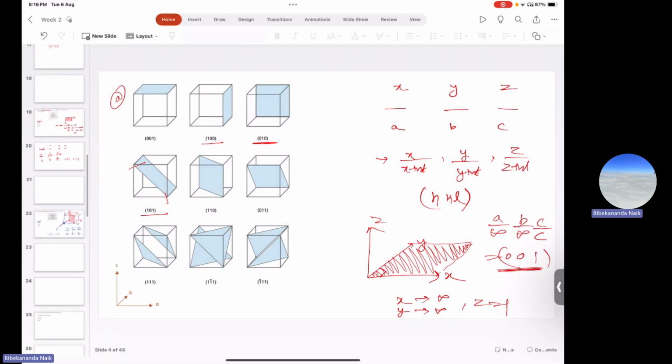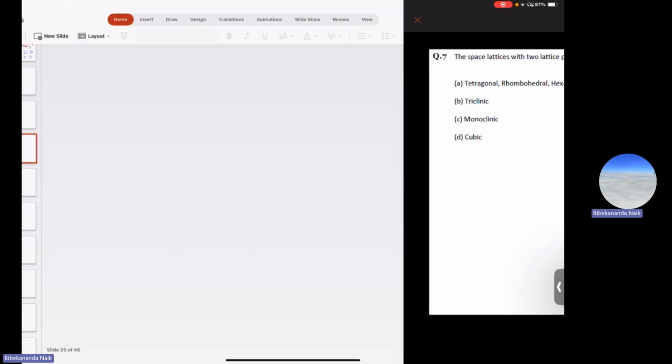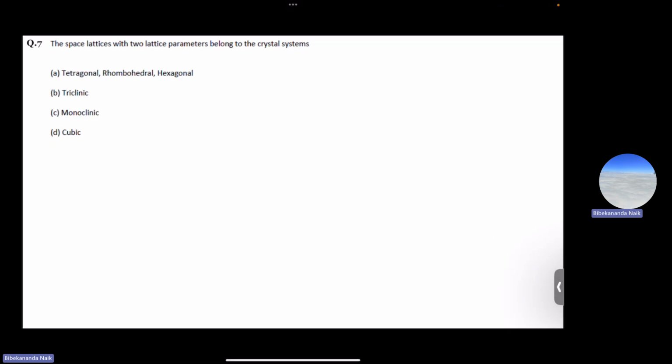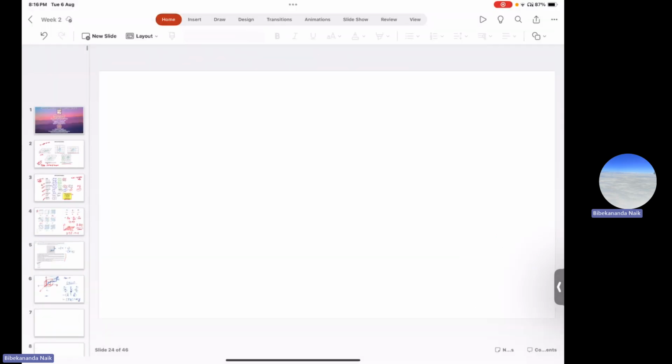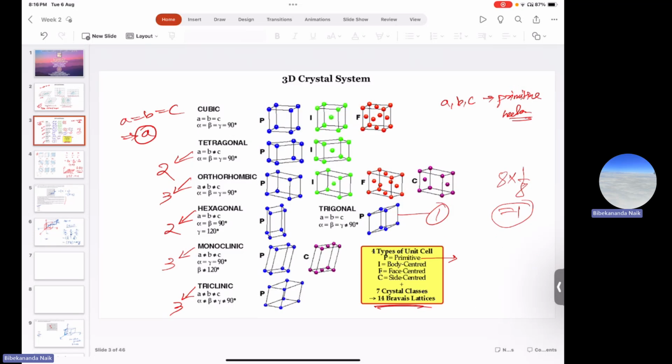So if you go to the question, the question was: the space lattice with two lattice parameters belong to the crystal system. So out of which we need two lattice parameters. Which crystals have two lattice parameters? For tetragonal, this is a equals b not equal to c. This is two lattice parameters.